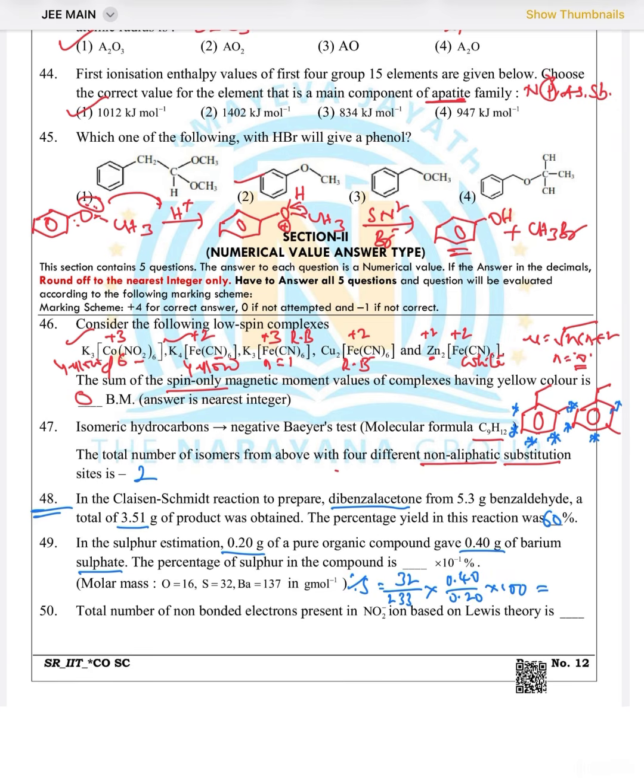If you simplify this, the answer is 27.46, that is 274.6 in terms of 10 to the power minus 1. So rounding it off, 275.